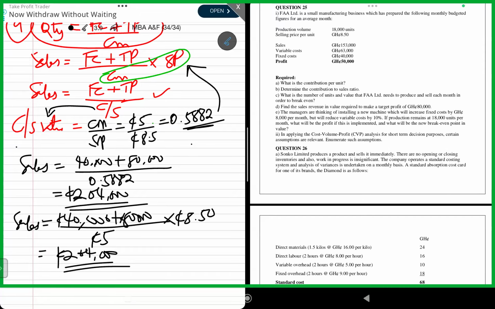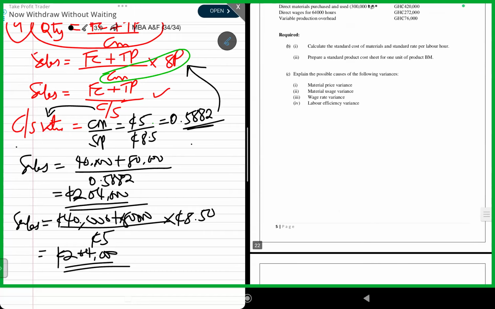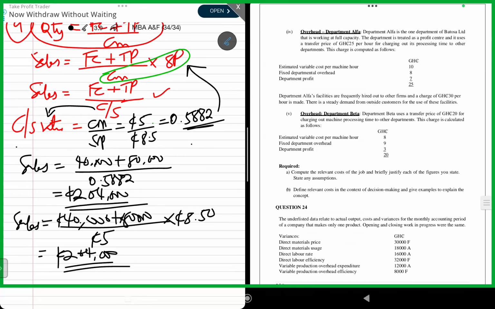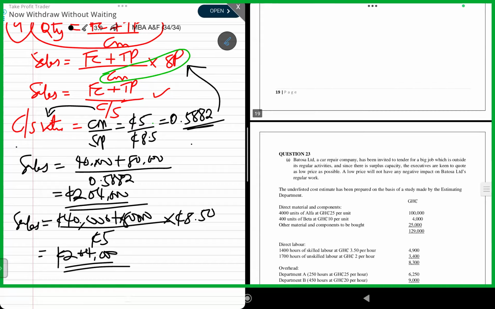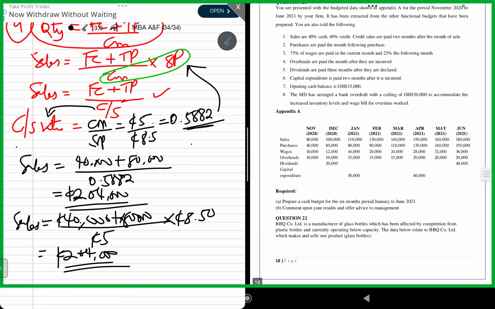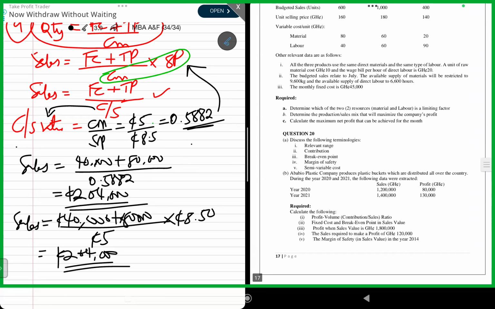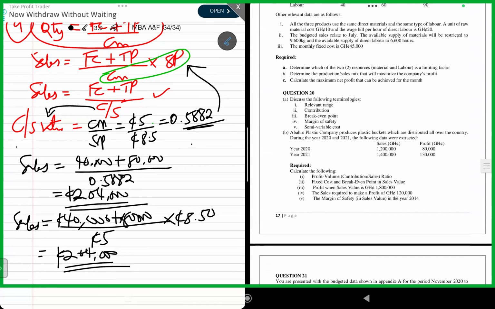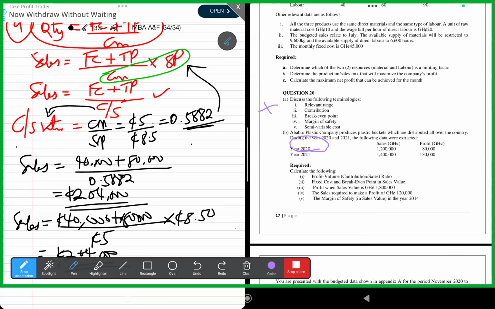We have this one. We've not solved this. Let me show you. This one, it's a different strategy, so we have to solve it. Question 20B. Just look at it. See here, it says profit volume, contribution to sales ratio.